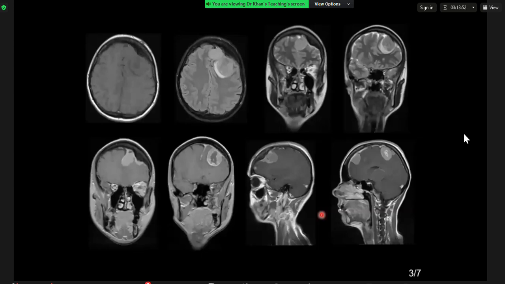All these lesions have got a dural base and tail, and they appear to be extra-axial, and they are causing some mass effect anteriorly. So I'm more in favor of these being meningiomas because they are multiple, and one of them has got a cystic change within it as well.